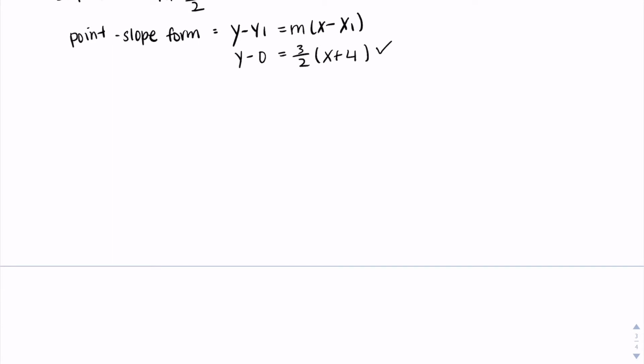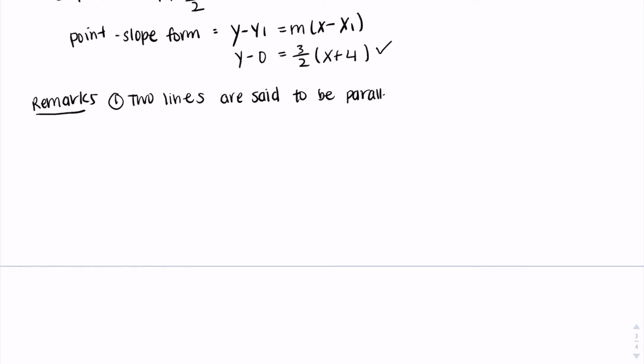So there are 2 remarks, things to mention. When 2 lines are said to be parallel if their slopes are equal.